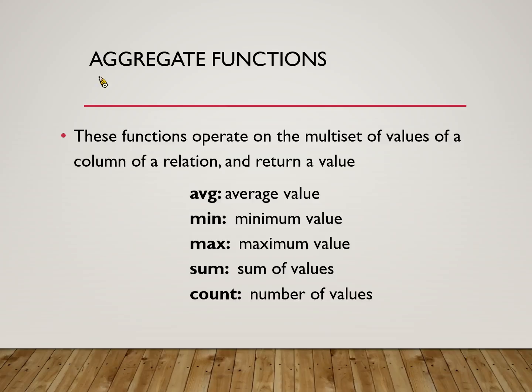And the final part of SQL query is aggregate functions. These functions operate on the multi-set of values of a column of a relation and return a value. And there are 5 aggregate functions, including AVG, which means average value.